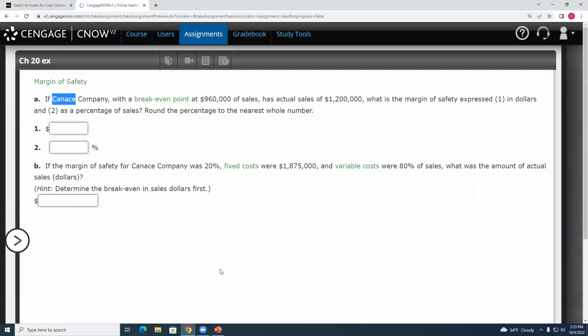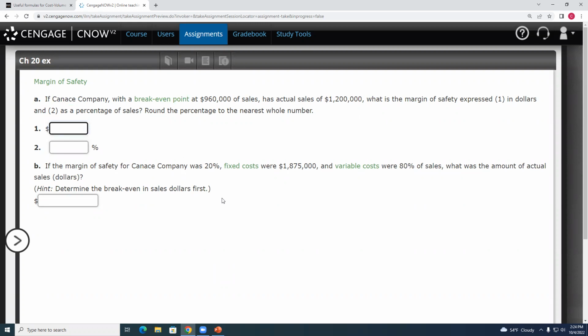It could be Kanachi, it could be Canase, I don't know. Whatever it is, this company has a break-even point at $960,000 of sales and actual sales of 1.2 million. What is the margin of safety expressed in dollars?